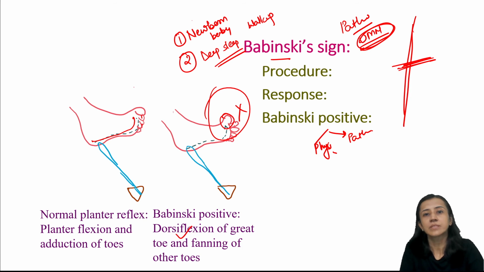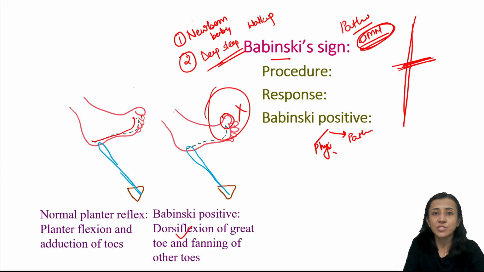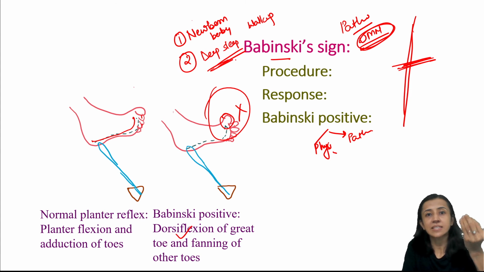So you have this kind of reflex, that is dorsiflexion of the great toe and fanning of other toes. During deep sleep also the same thing: higher centers have lost their control on the lower center, so again Babinski is positive. In a newborn baby also, because higher centers, upper motor neurons, have not been developed, Babinski is positive.